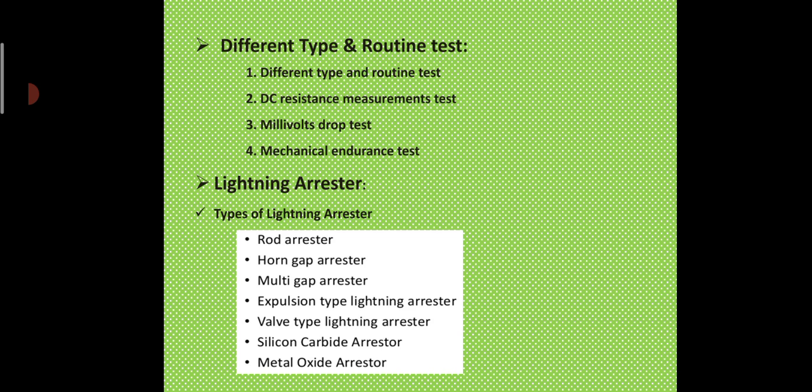Now, different types and routine tests. First are different type and routine tests: DC resistance measurement test, millivolt drop test, and mechanical endurance test.